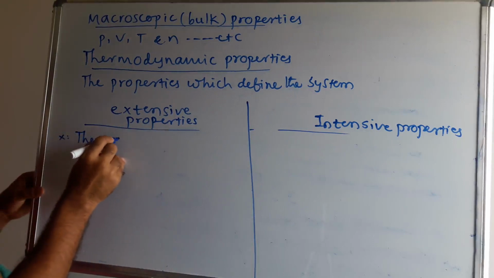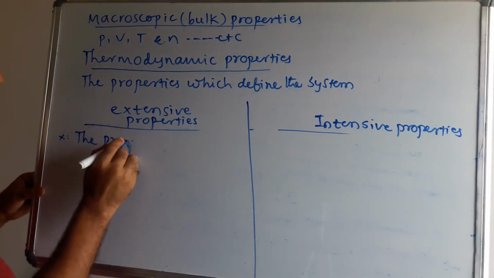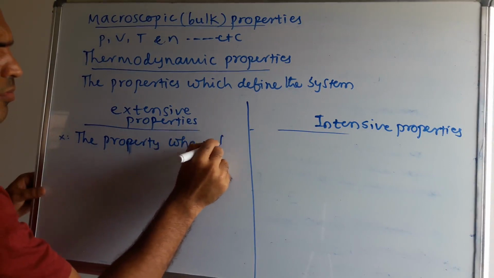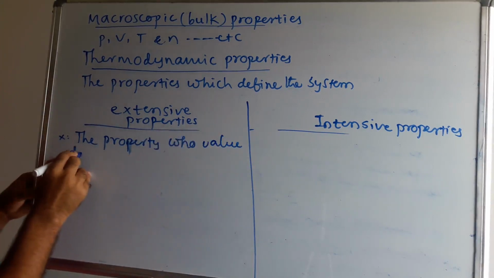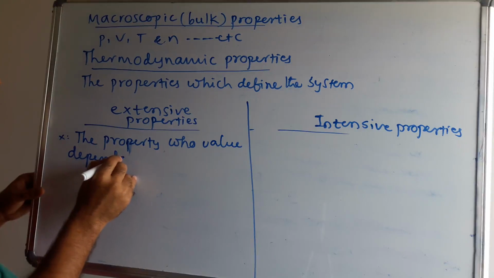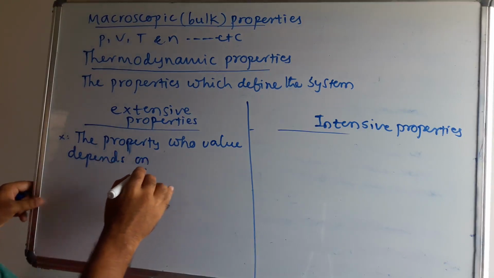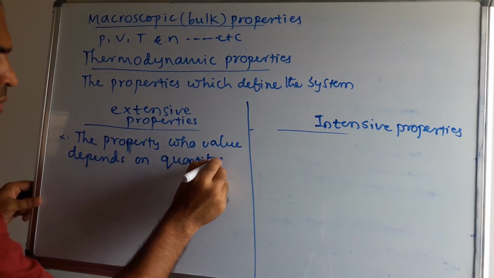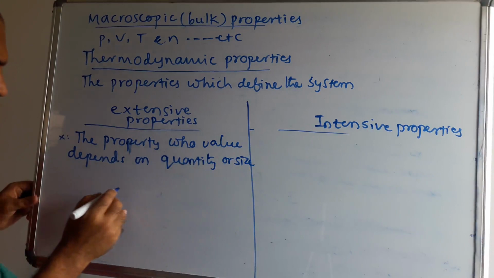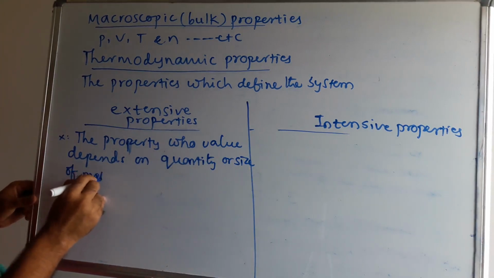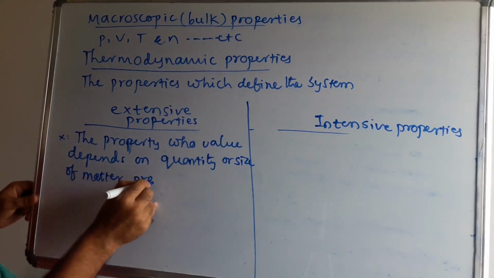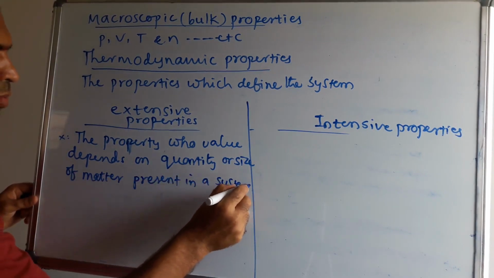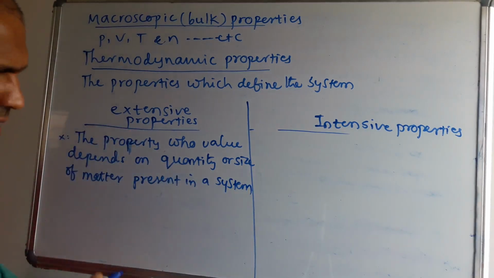The property whose value depends on quantity or size of matter present in a system, that is called extensive property.